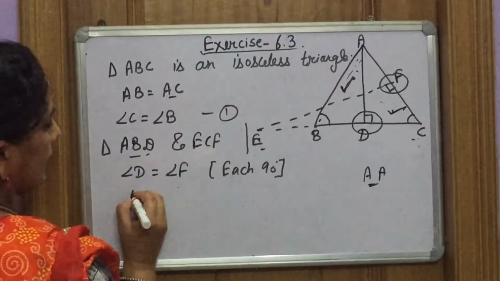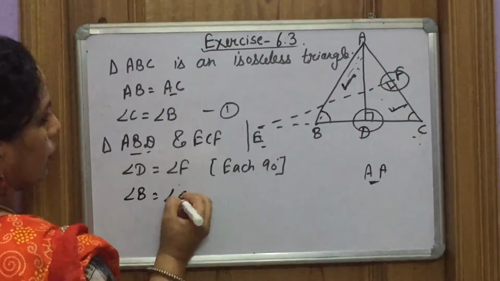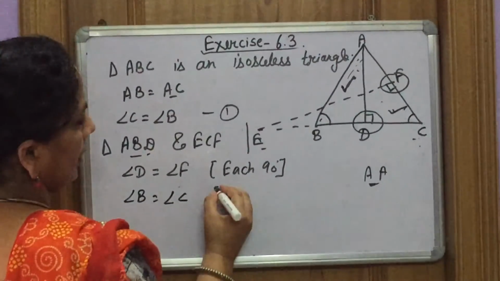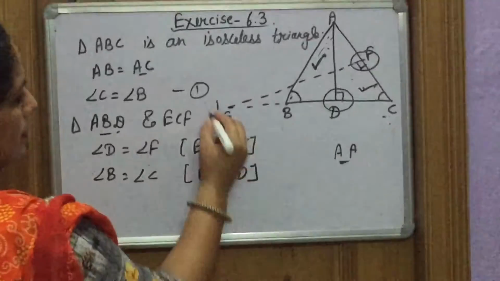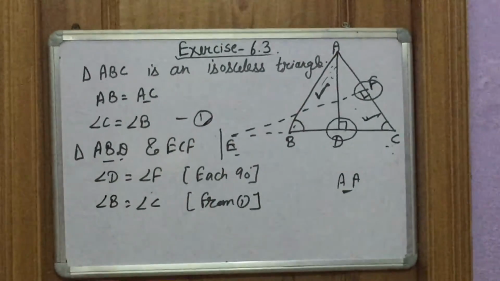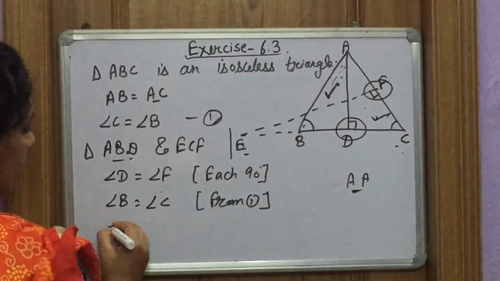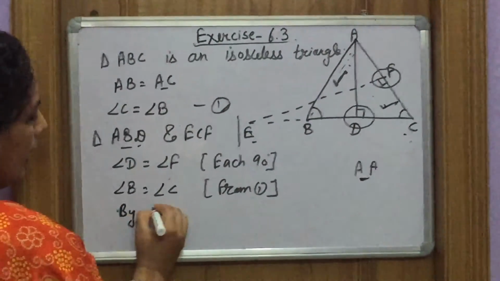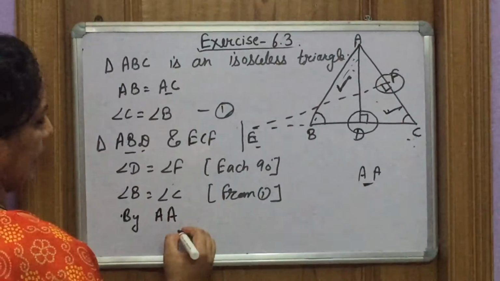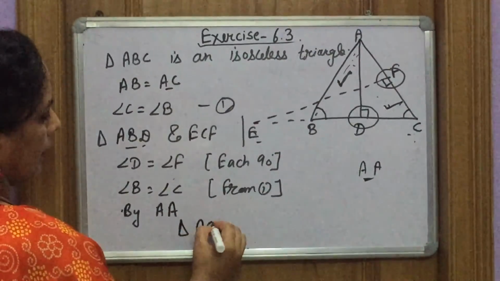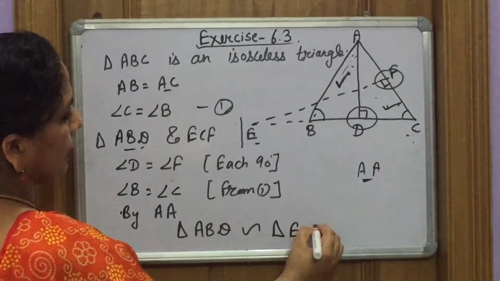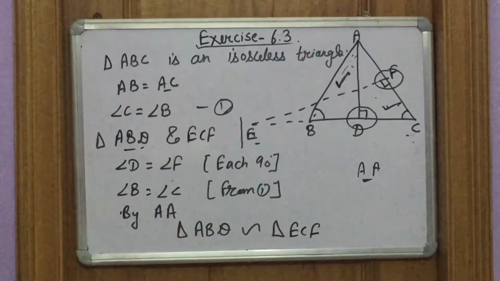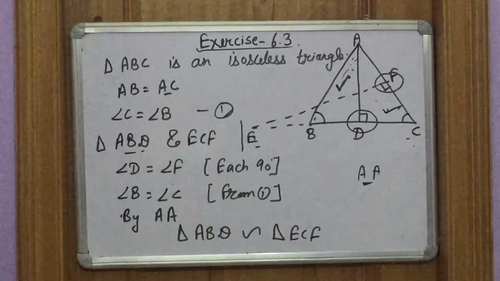So we can say that angle B is equal to angle C, and write the reason here: from first, in the first equation we have already shown it. So we can say that by angle similarity criteria, triangle ABD is similar to triangle ECF. So this is our question.